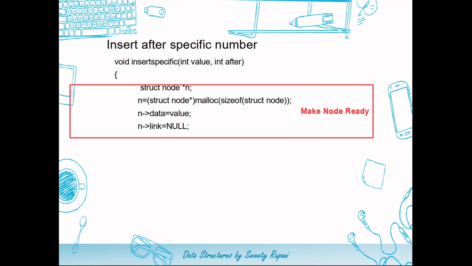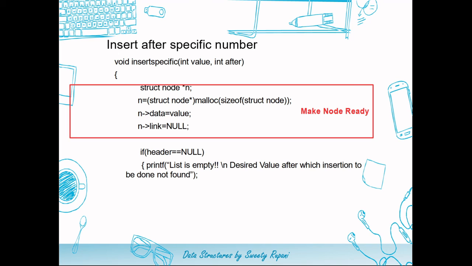These four statements would remain the same for all the insertion methods, followed by which the statement inside would change because we need to print the message. Otherwise, for the first insertion also, if header equal to null, whether you are inserting at the beginning or at the end, the statements would remain the same.